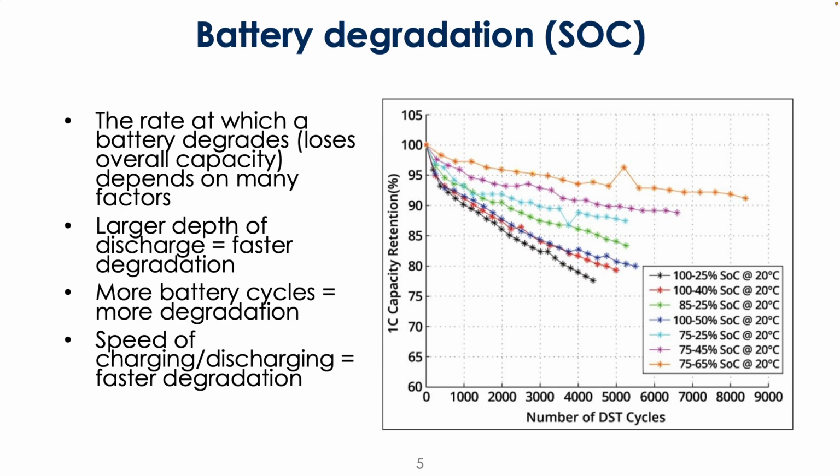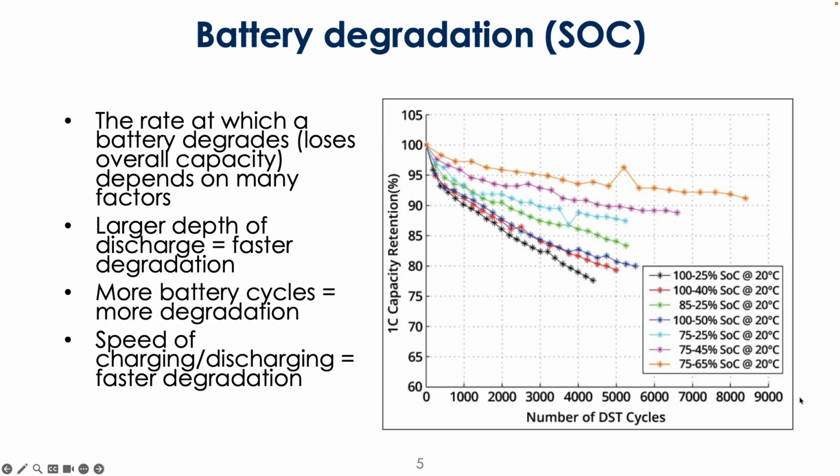You can look here, for example, at the black line compared to the blue line. The black line, I'm drawing that out with my arrow over here, is the very bottom line compared to this blue line.